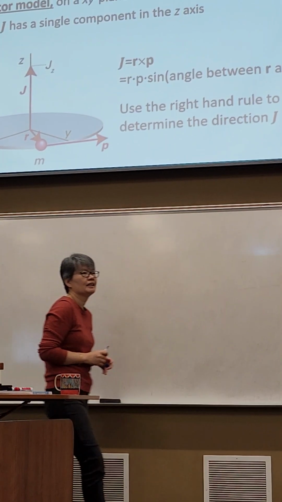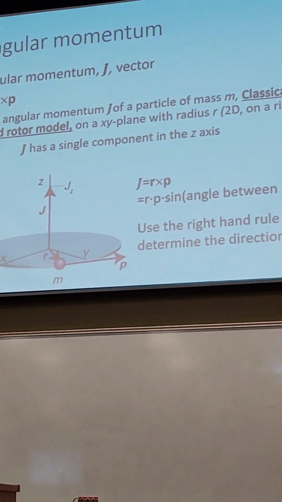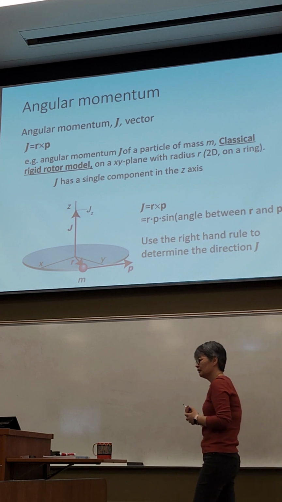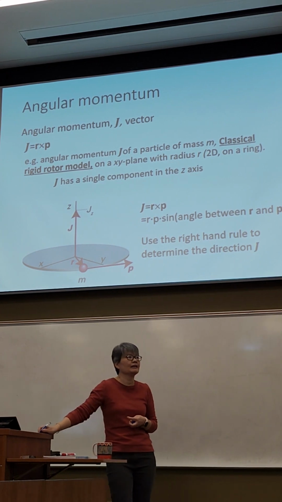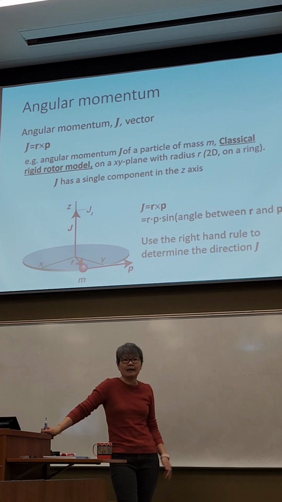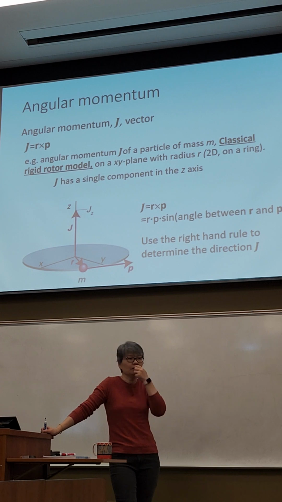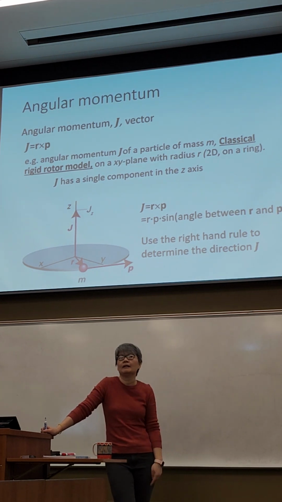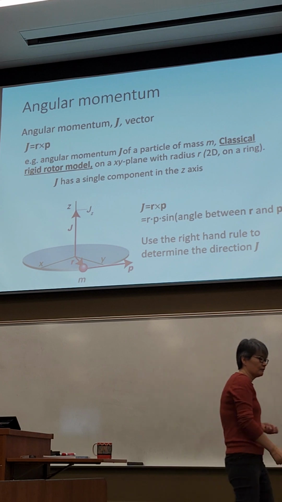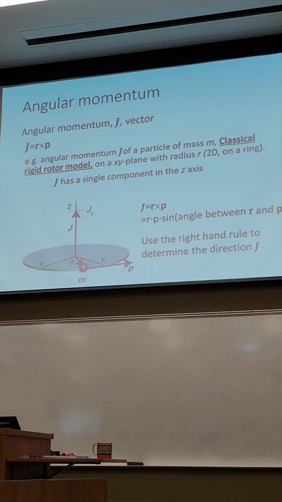So we rotate on the XY plane. Remember the picture I showed you? Here we go. So in general, if you have a system in a three-dimensional rotation, you will have an X, Y, Z component, same as your linear momentum and kinetic energy. But in this case, you can look at this diagram showing you that J is really the cross product of the radius and your linear momentum, okay? And you rotate on the fixed plane, so it's a cross product.